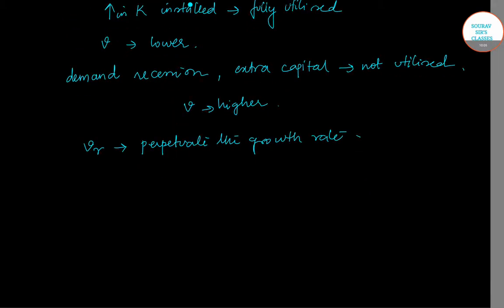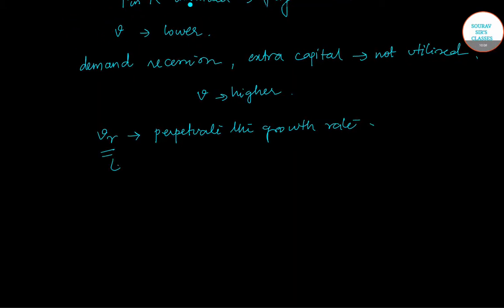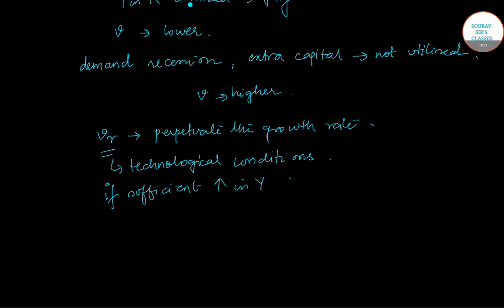Now the size of this VR is actually determined by technological conditions and the nature of output that comprises the increment of output, the nature of goods. So this warranted rate of growth will be achieved if a sufficient increase in income takes place, and this has to be done during the growth process.